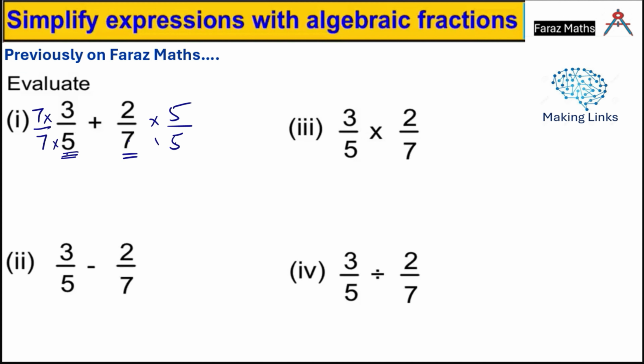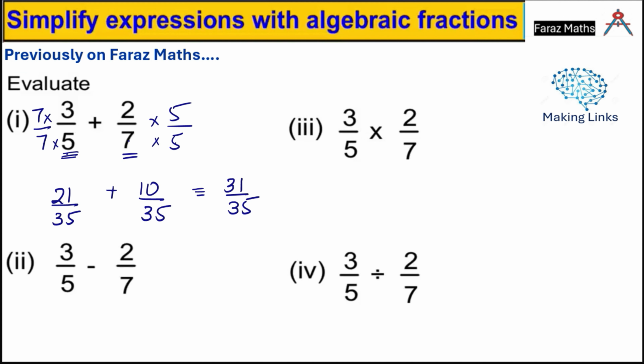You will get 7 3s are 21, 7 5s are 35, plus 2 5s are 10, 7 5s are 35. Now that the denominators are the same, you can add the numerators because there is a positive sign between the fractions. 21 plus 10 is 31 over 35, and that's the answer for the first one.